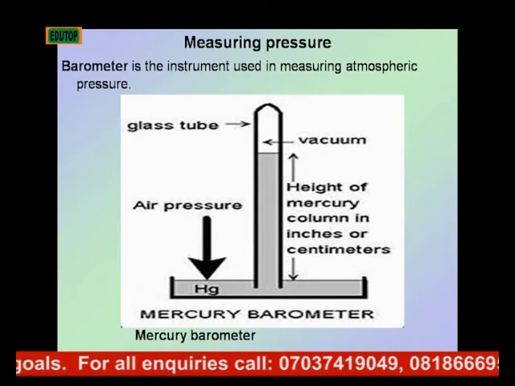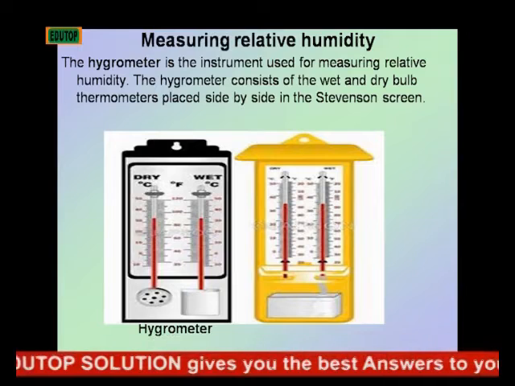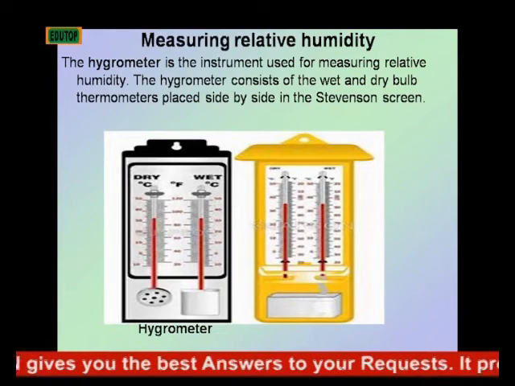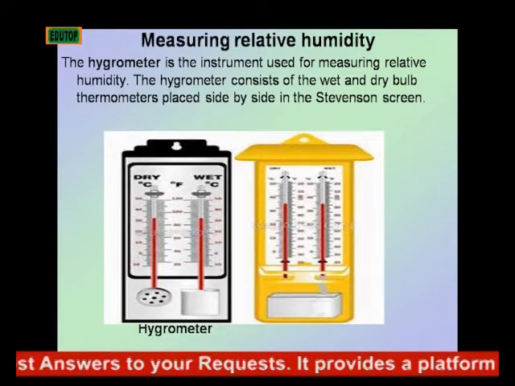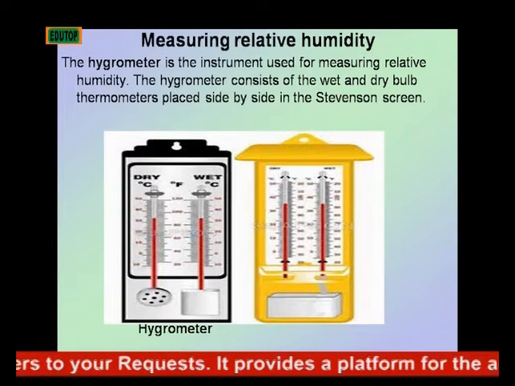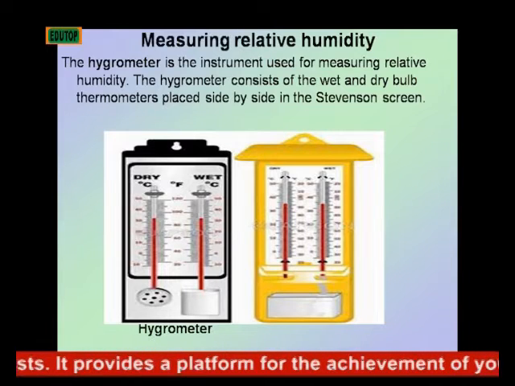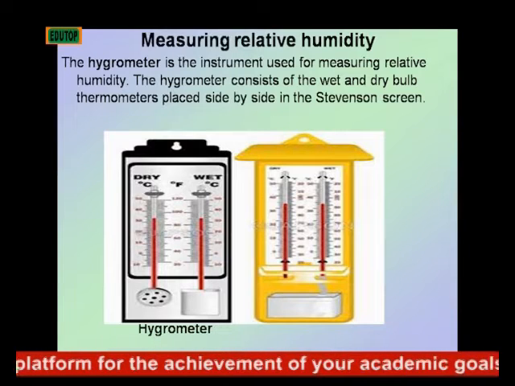Relative humidity. Measuring relative humidity. Hygrometer is the instrument used for measuring relative humidity. The hygrometer consists of the wet and the dry bulb thermometers, and these 2 thermometers are placed side by side in the Stevenson screen.